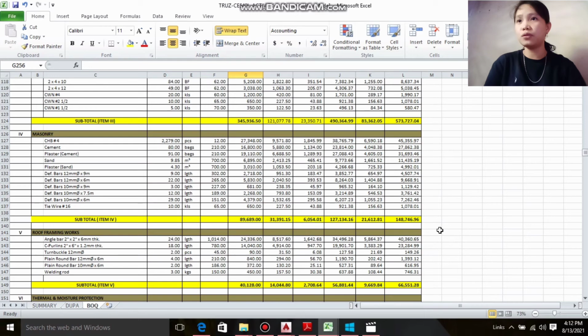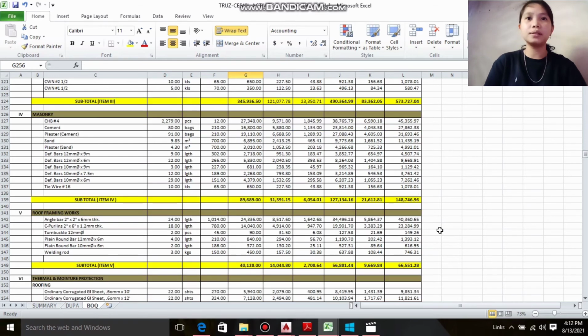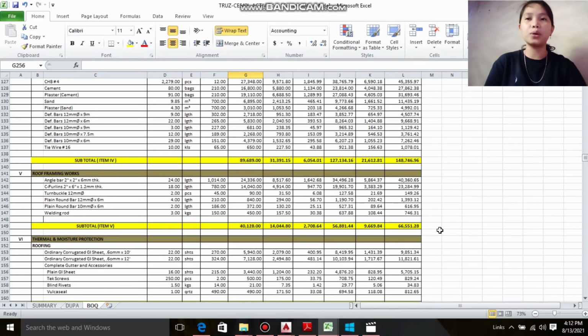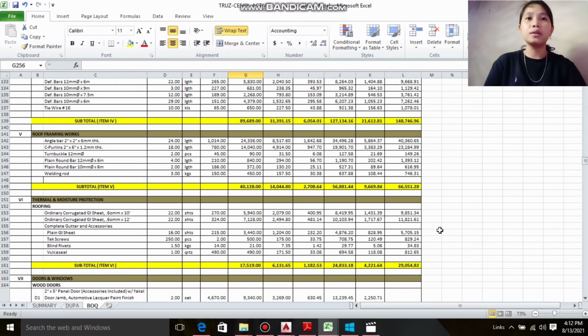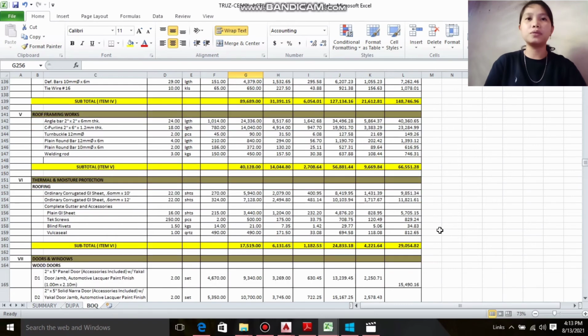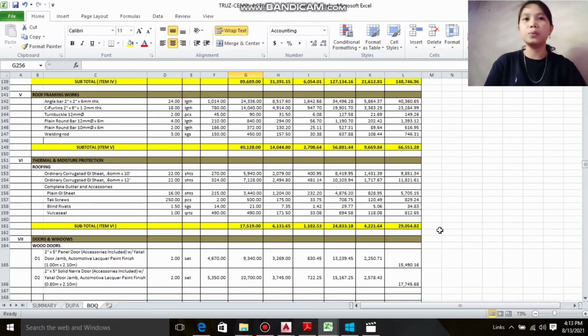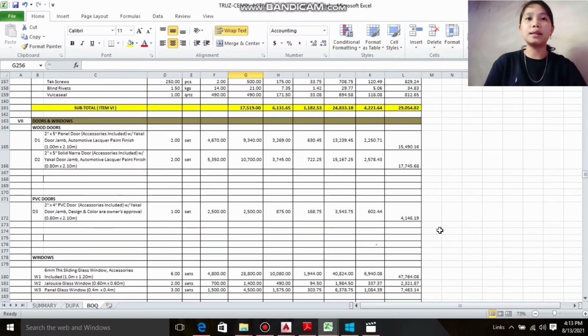148,746.96. The roof framing works is 66,551.28. And for the thermal and moisture protection, subtotal of 29,054.82. The doors and windows, total of 94,931.11.